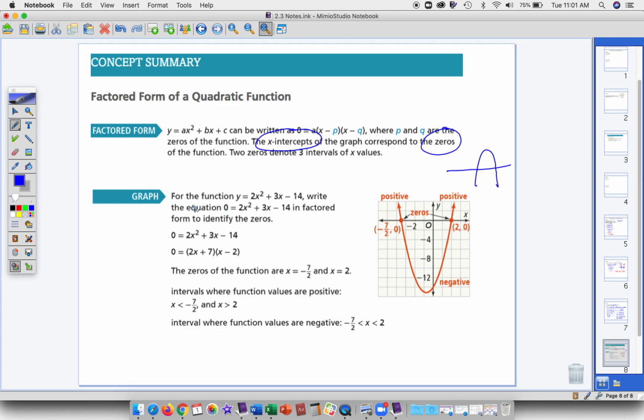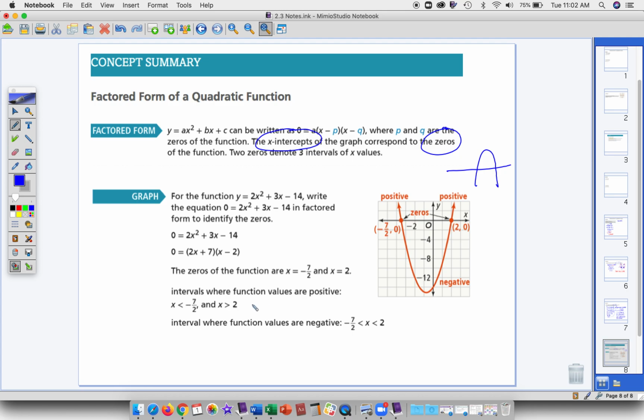So here's an example with this function, okay, in factored form. It's 2x plus 7, x minus 2. That makes the zeros, remember it's opposite signs, so -7 over 2, and +2 from this factor. So since it's opening upward, because the a value is positive, the intervals where it's positive go from -∞ to -7 over 2.